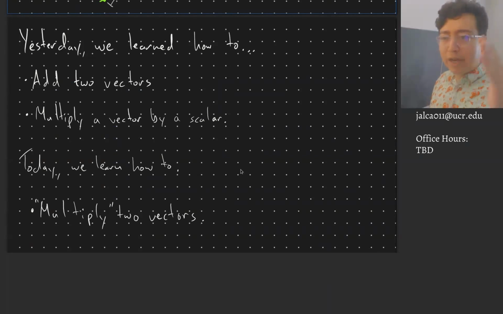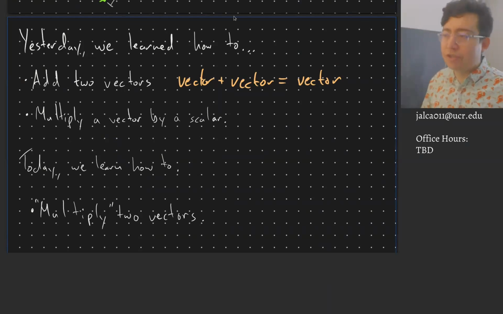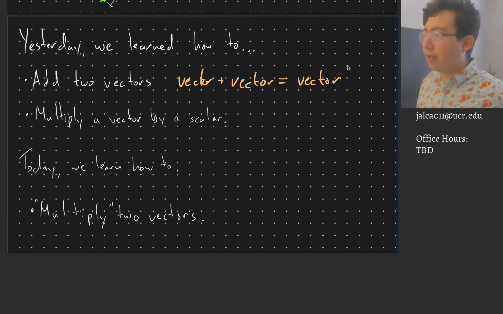So yesterday we learned how to add two vectors, right? We learned that if you take a vector and a vector, you get a vector. You can just add each coordinate. And in terms of the geometry, this was just the head to tail sort of addition.